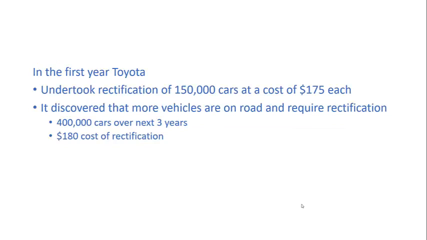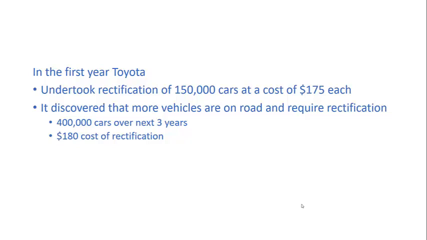Now, one of the requirements of the standard is that we have to constantly review the provision, and what we can see is that during the first year, Toyota undertook rectification of 150,000 cars, which was more than expected, and it cost $175 each.